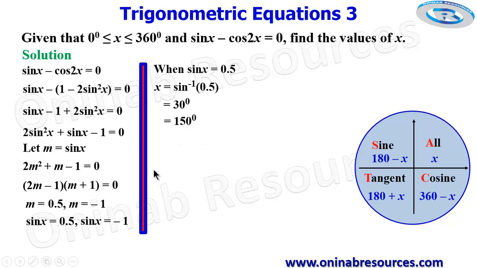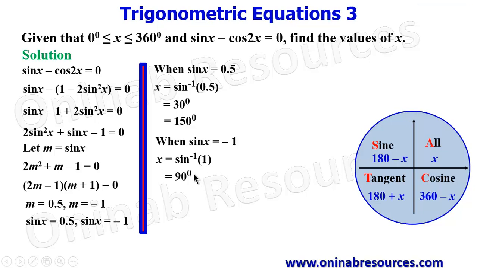Then we go back to when sine x is equal to negative 1. Here we are going to ignore the negative sign and first get the value of x when it is positive, because the value here falls between the third and the fourth quadrant. So x is equal to sine inverse of 1, which means x is equal to 90 degrees.